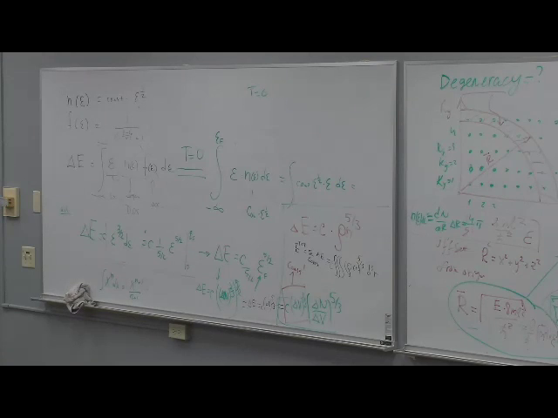So the total energy is expressed in terms of the density. If we integrate it over the whole space, we are getting the total energy, and we establish a connection between the density of electrons and total energy.